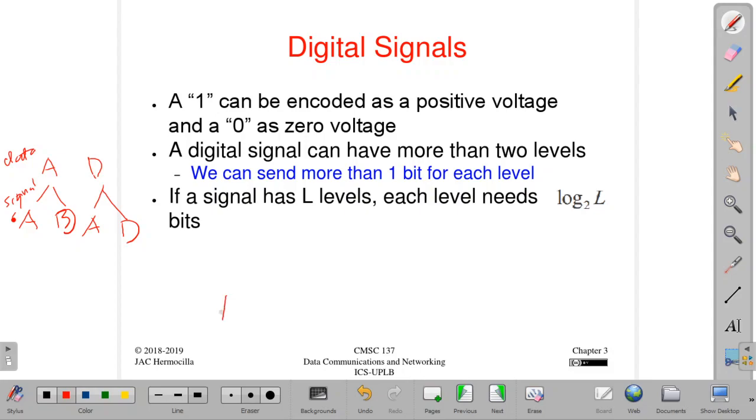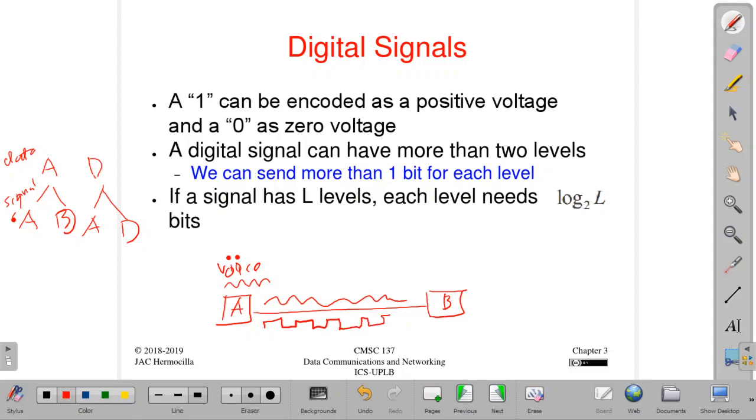So recall that if we have a communication link here and we have another party here, so we have A and B. Let's say we have voice here. If we have a voice, that is an analog signal, and if we want to transmit it across this link, we can use an analog signal, or we can use a digital signal.